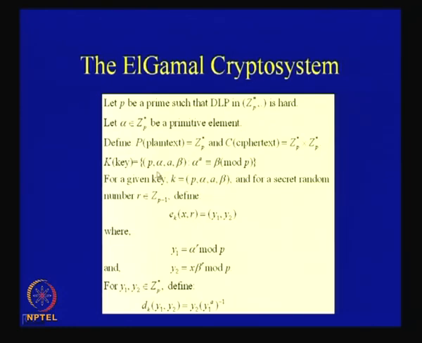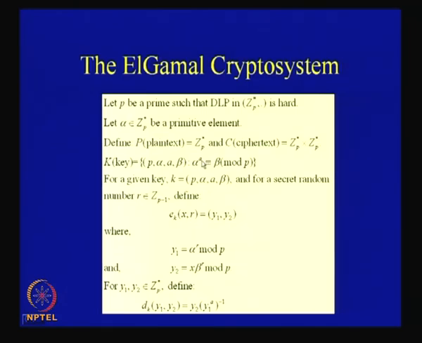For example, we choose the prime value p, we choose alpha and beta, which are public values, but A is a secret. A is the logarithm of beta with respect to alpha, that is, the discrete logarithm. The difficulty is that if we are given alpha, beta and also the value of p, it is assumed that computation of A is a difficult problem.